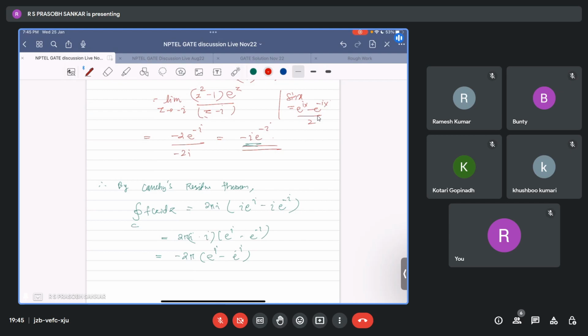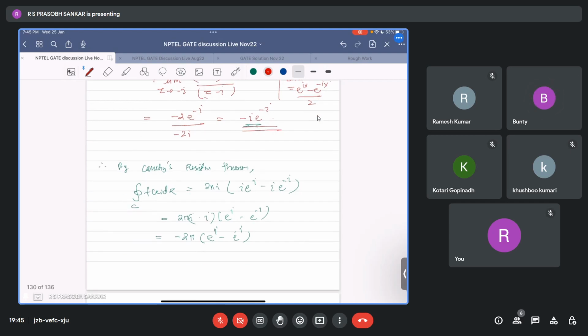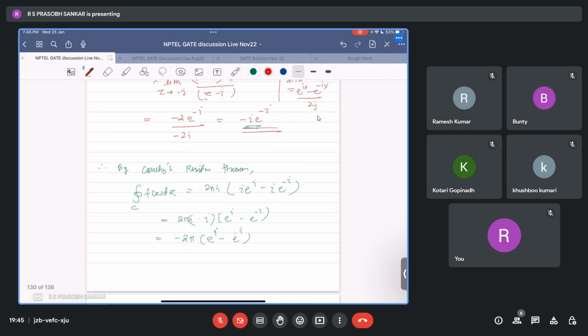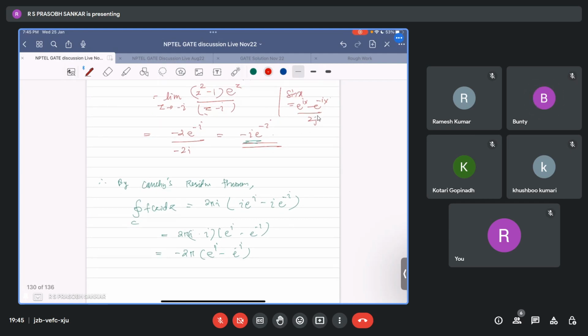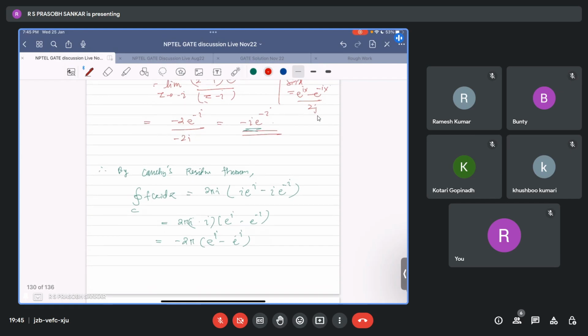This is how we can write sin x. So that means I can write this thing as minus 2 pi times 2i times sine of 1, right?